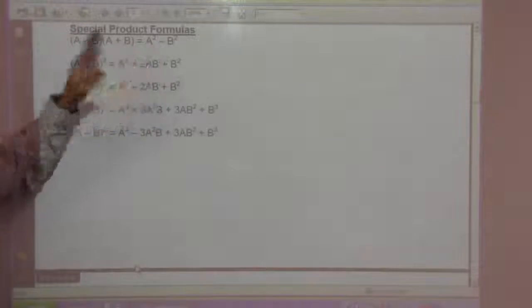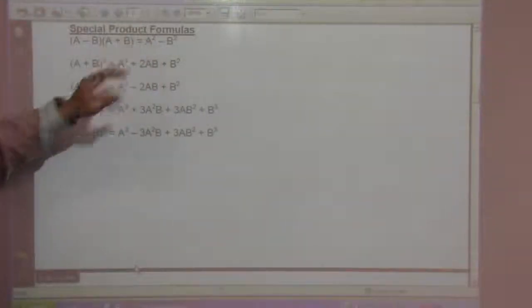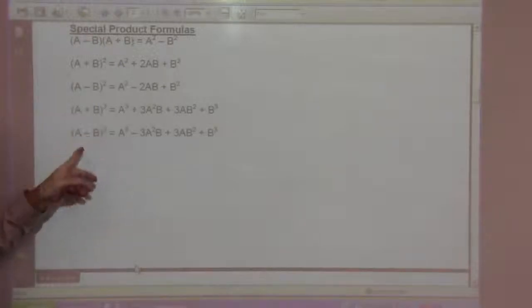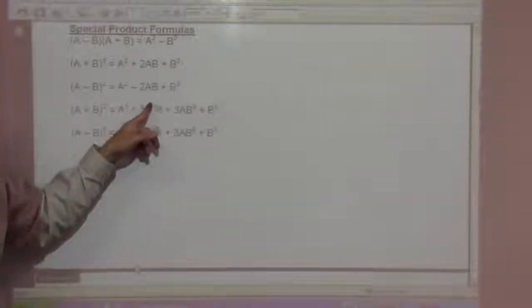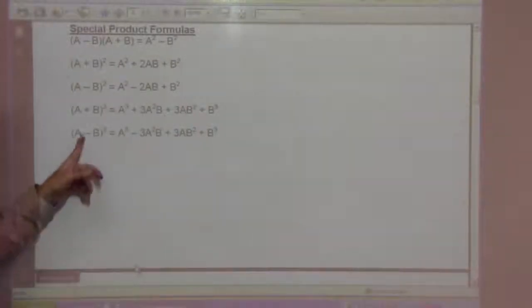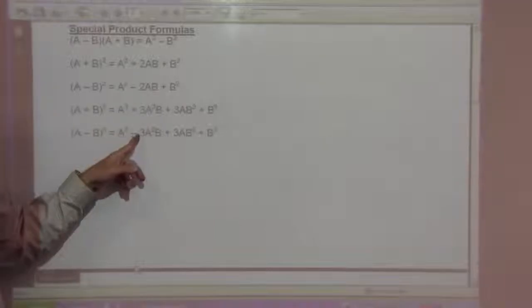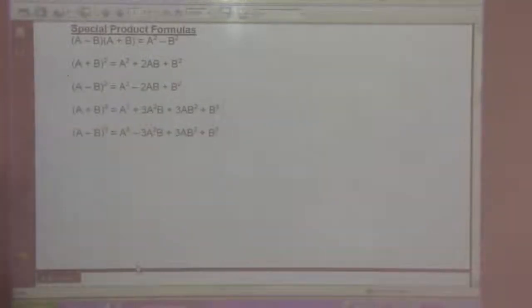The first 3 should be just boom, they're in your memory. You can do that without thinking. The next 2 you may not have seen before. (a plus b) cubed is a cubed plus 3a squared b plus 3ab squared plus b cubed. And (a minus b) cubed is a cubed minus 3a squared b plus 3ab squared minus b cubed.